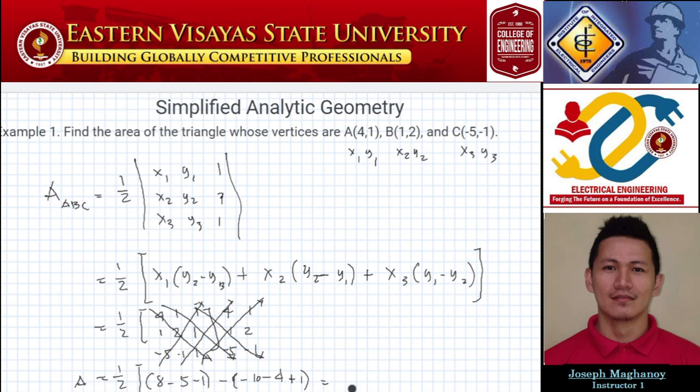So your A is equal to 7.5. So the area of your triangle whose vertices are the following is A equal to 7.5. So there is no unit here, but you can use units: square units.